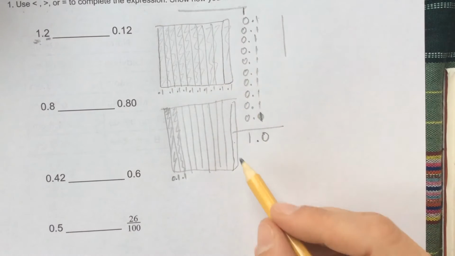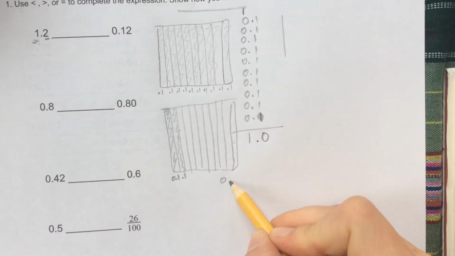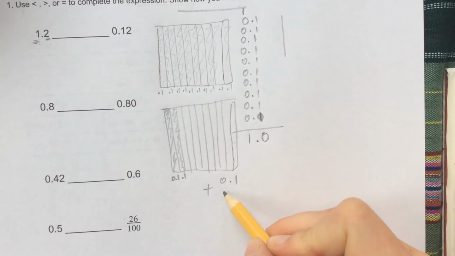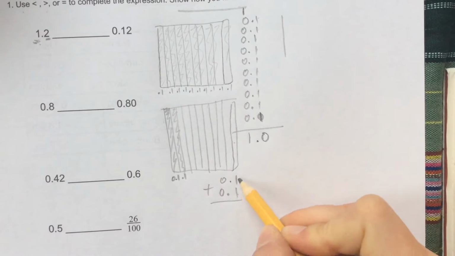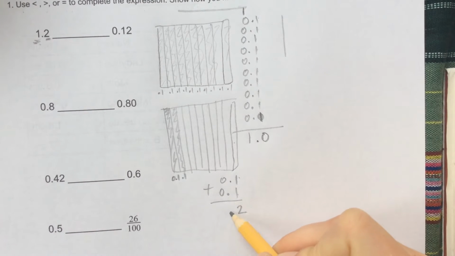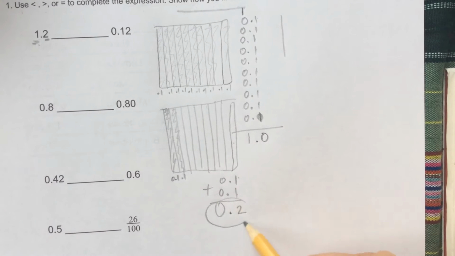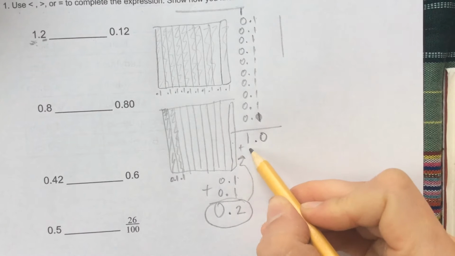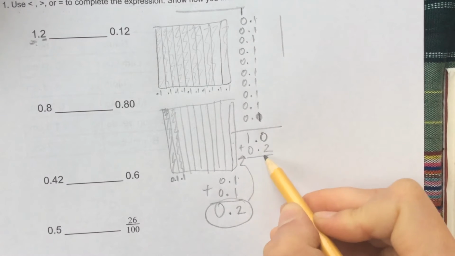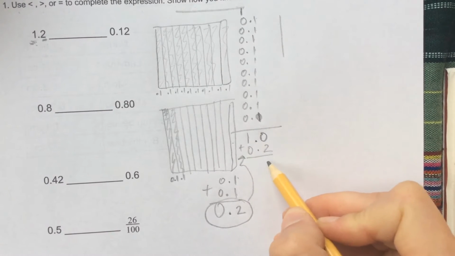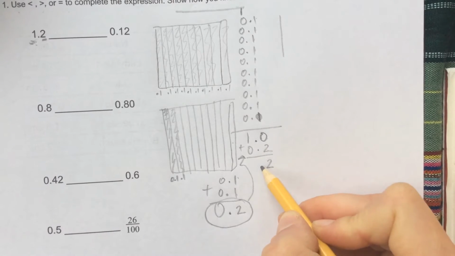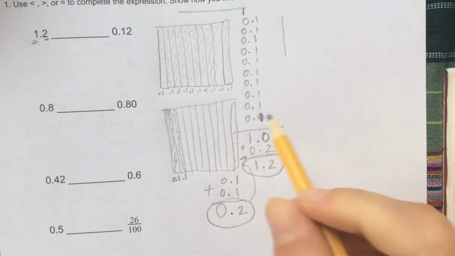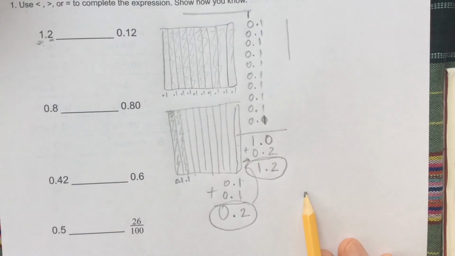And so you can see that this here is 0.1 plus 0.1, and 1 plus 1 is 2. Bring the point right here, and 0. So 0.2 goes here now. 1.0 plus 0.2, 0 plus 2 is 2.1. There's my answer. So this is a really big one.